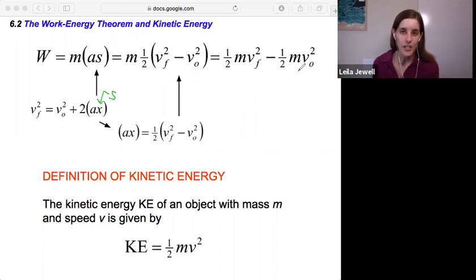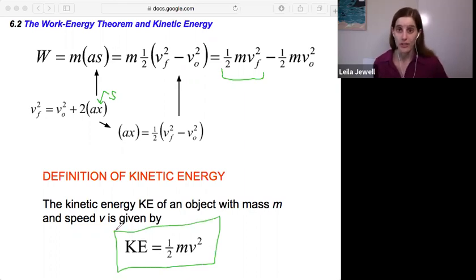This is where we can take a moment to define this quantity, 1/2 the mass times the velocity squared, or more precisely, the speed squared. This is something that we call kinetic energy. The kinetic energy of an object with mass m and speed v is given by this equation, 1/2 mv squared.